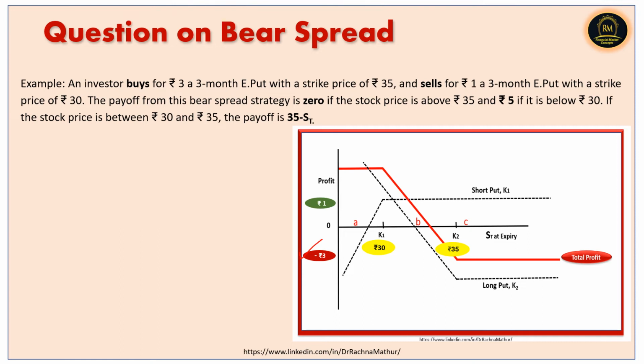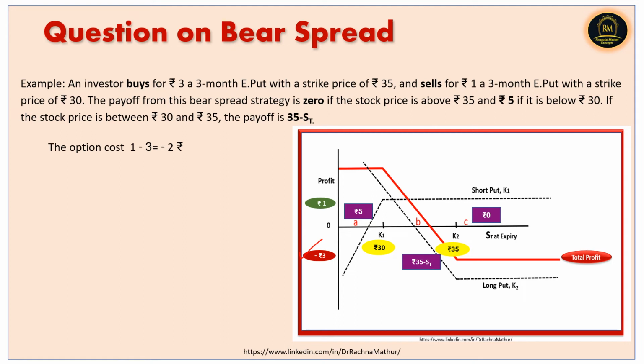Now the payoff from the bear spread strategy is 0 if the stock price is above 35 and 5 if the stock price is below 30. If the stock price is in between 30 and 35, the payoff will be 35 minus ST. Now first we will find out the cost of making this strategy.